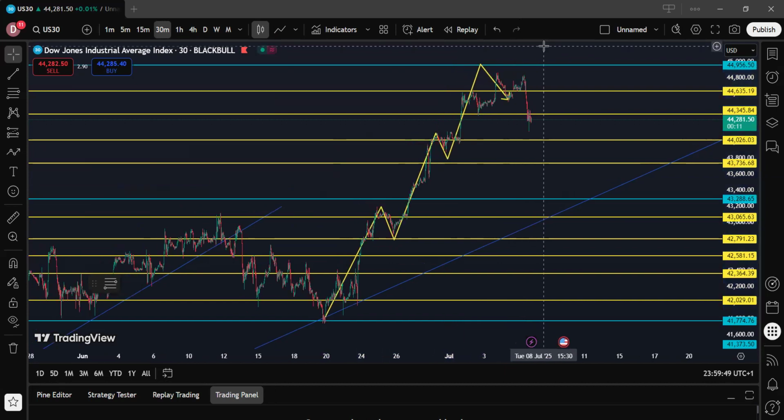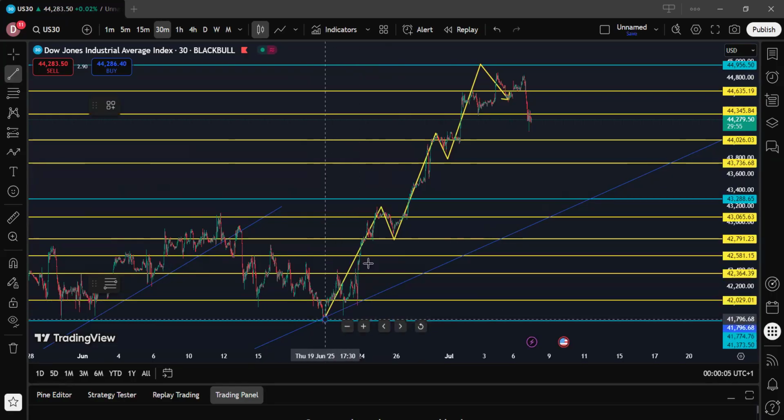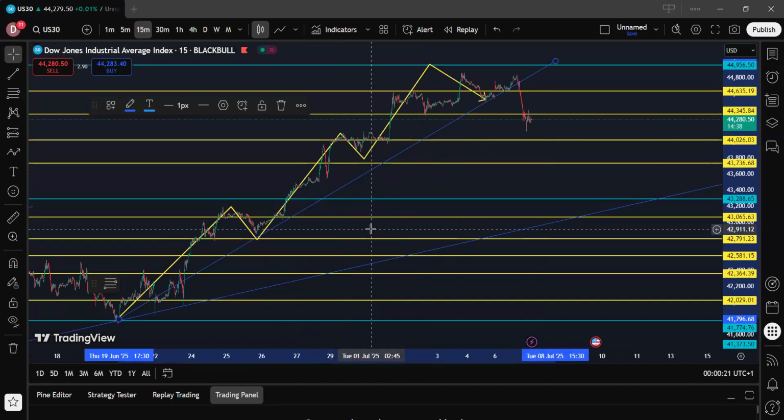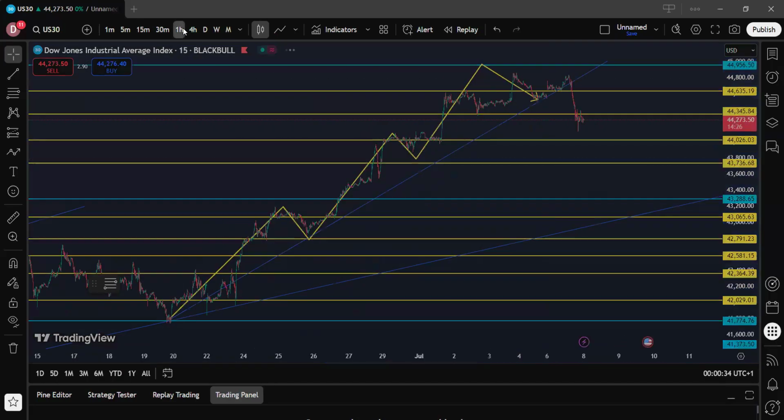So now, as we're seeing it with US30, we are seeing a bit of a change in structure, because when I take out my trend line, I want to see what's really happening here. Zoom into the 15-minute.